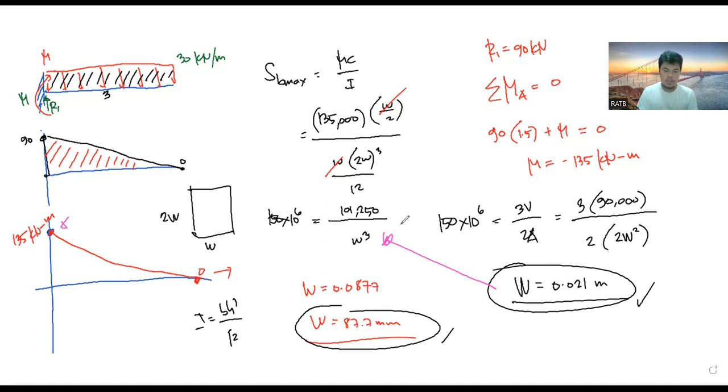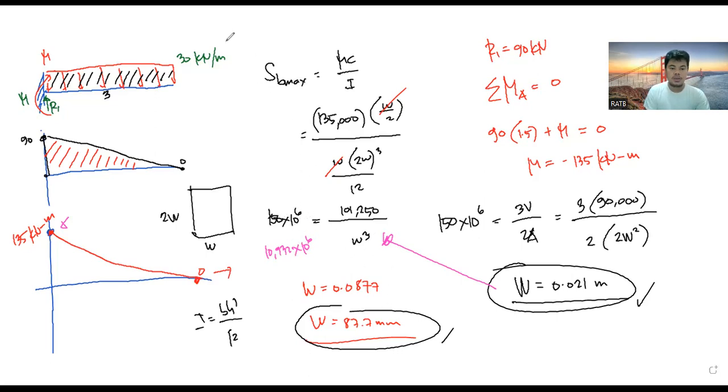So that's 101,250 divided by 0.021 cubed. This will result to 10,932 megapascal, so that means we cannot use this width, because the maximum bending stress will be greater than 150.